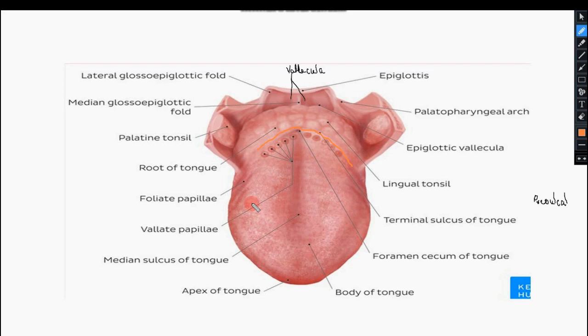So what are the papillae present in the tongue? The papillae are foliate papilla, vallate papilla, then here fungiform papilla, and here all is the filiform papilla.